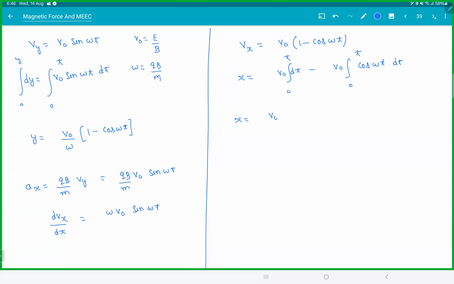The x coordinate would be V0 into time minus V0 by omega sine omega t. That's your x coordinate, everyone.